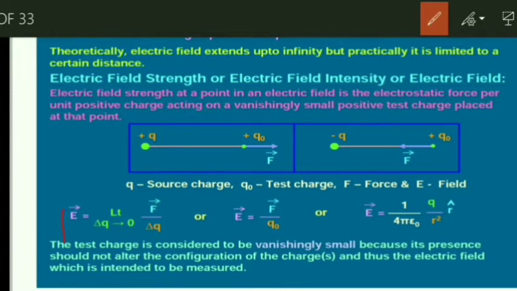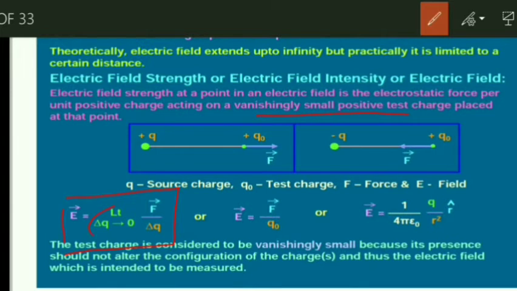Now friends, this is the mathematical definition of electric field. Electric field is equal to the limit as delta q tends to 0 of F divided by delta q. Friends, as we described in the definition, the test charge should be vanishingly small.